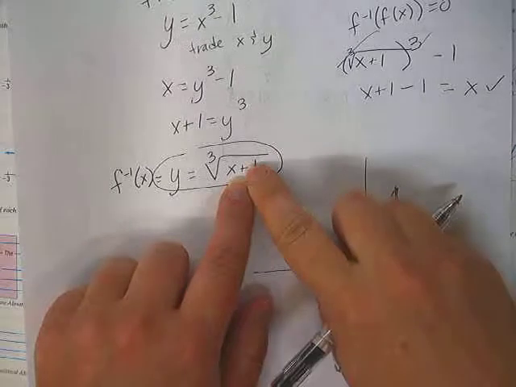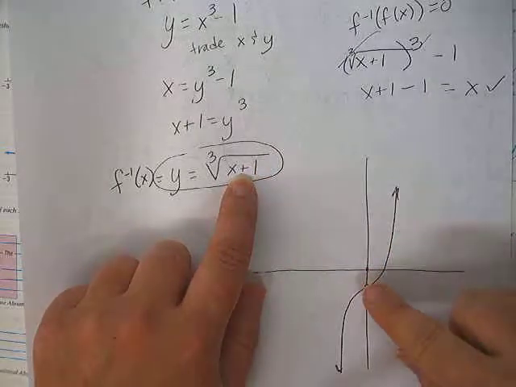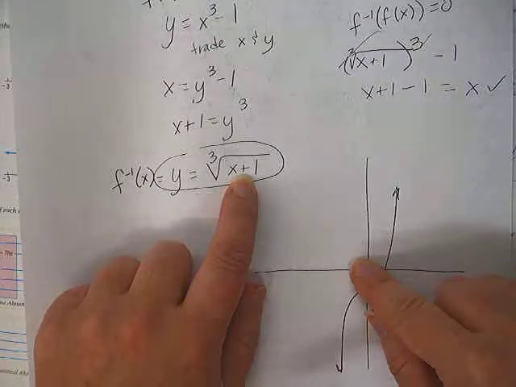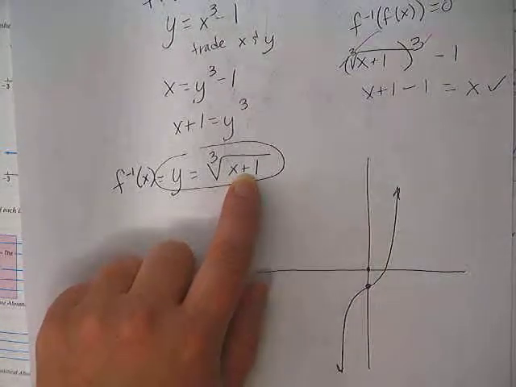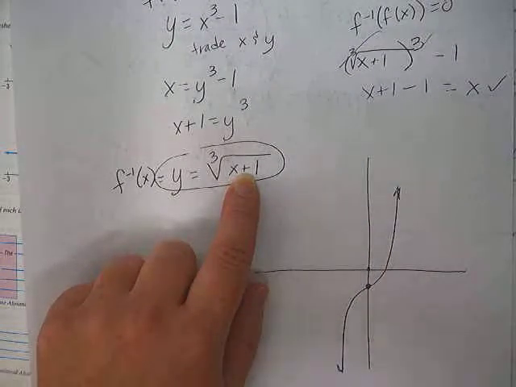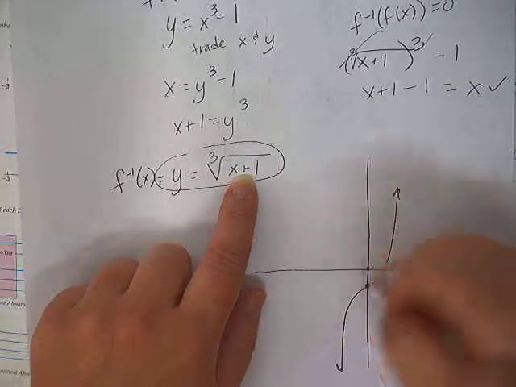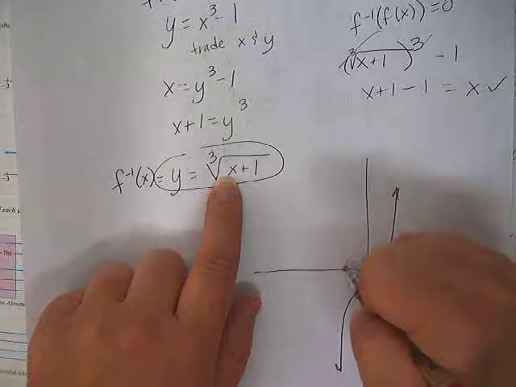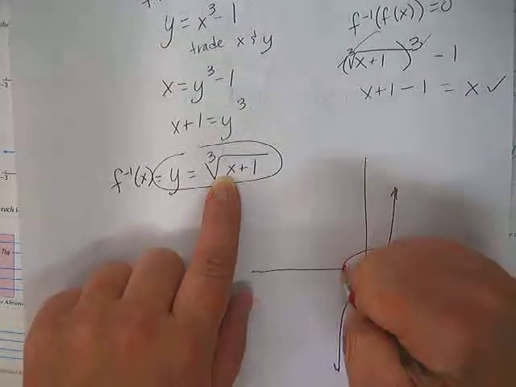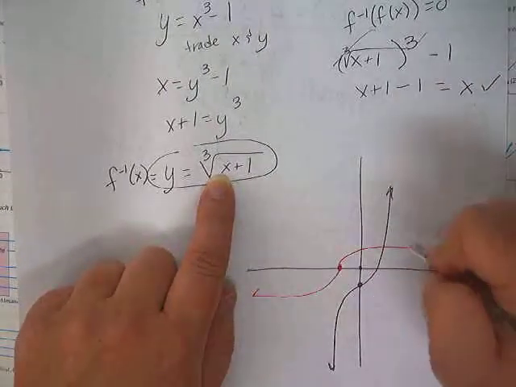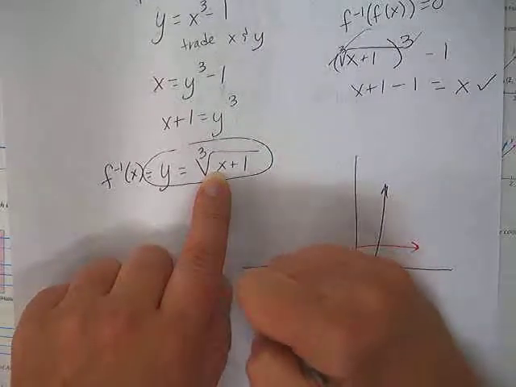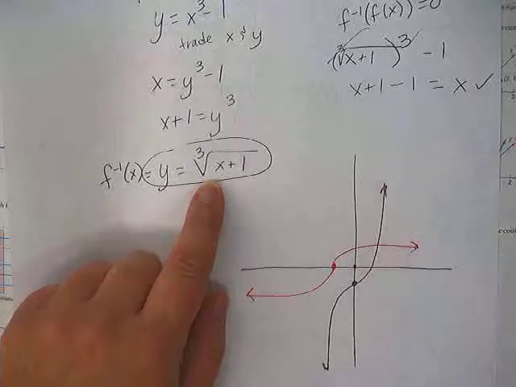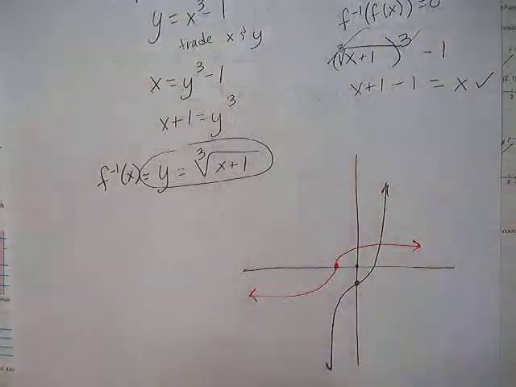Then this one, the cube root of x plus 1, because it's a plus 1 inside the cube root, that's a horizontal shift. Which way is it going to shift? It's going to shift to the left. The plus 1 moves left. So this point moves here, and a cube root function looks like this, which we memorized when we did our library functions back in chapter 3 or 4.